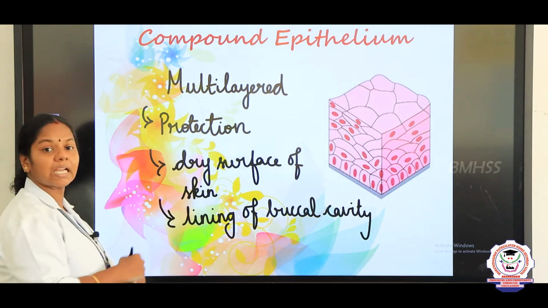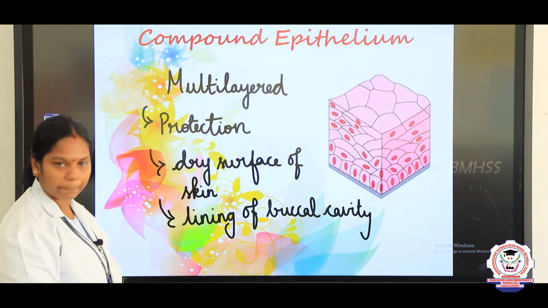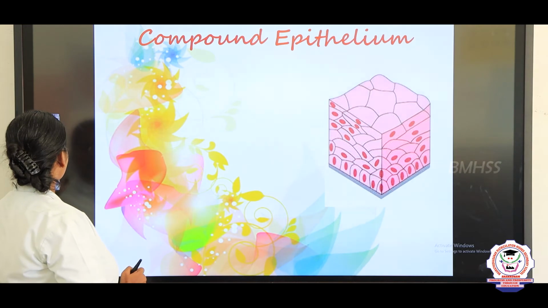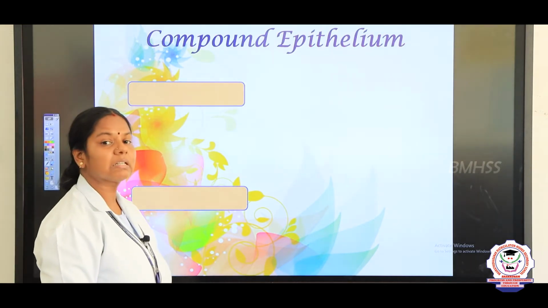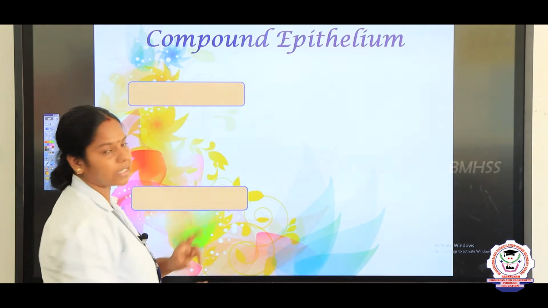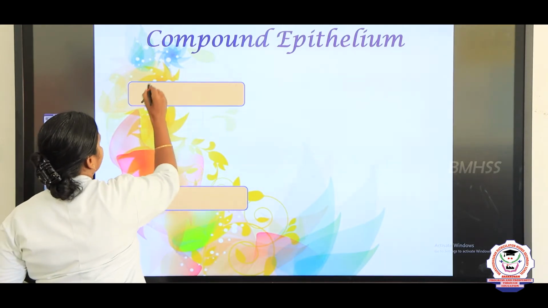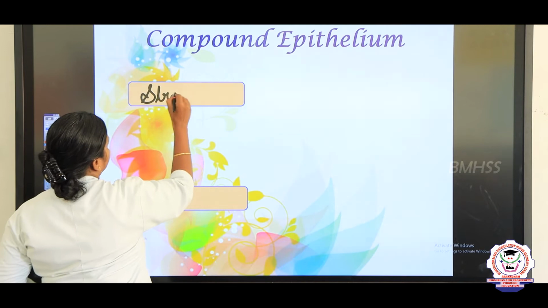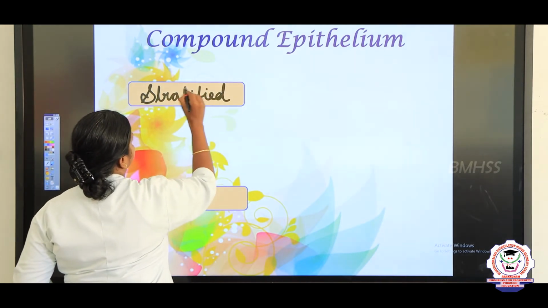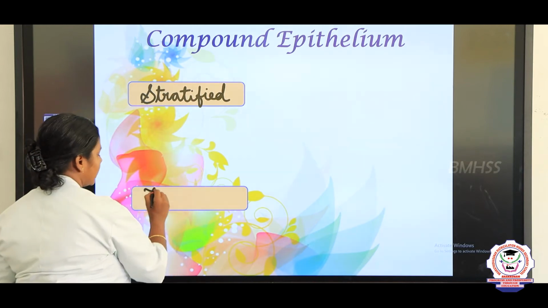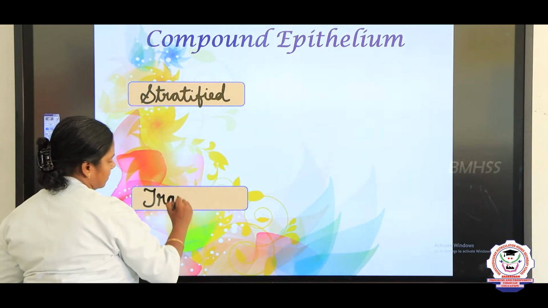Now, we shall see the classifications of the compound epithelium. Compound epithelium is first divided into two major categories. One is a stratified, and the another one is a transitional.